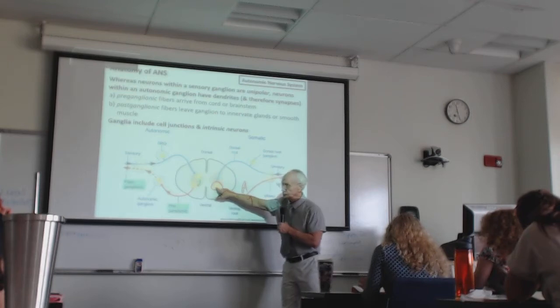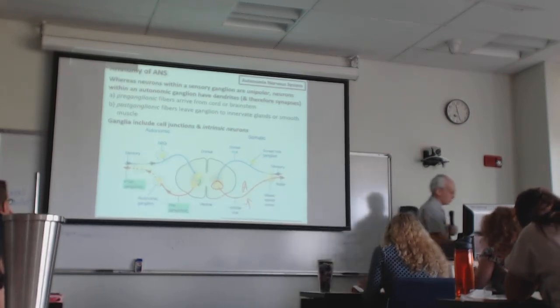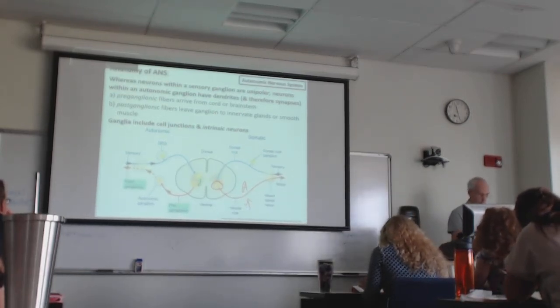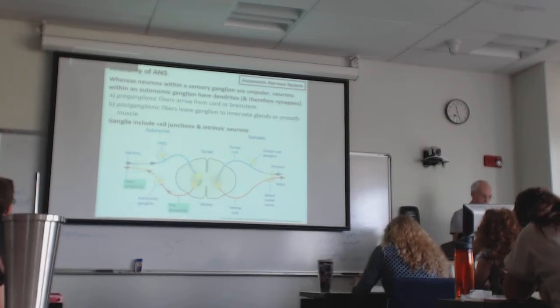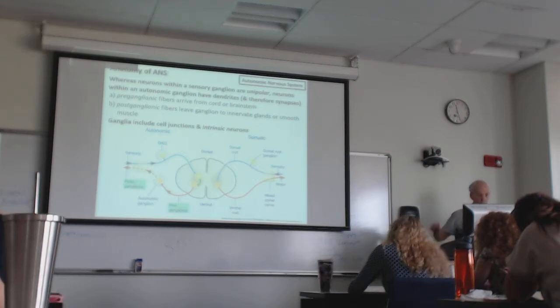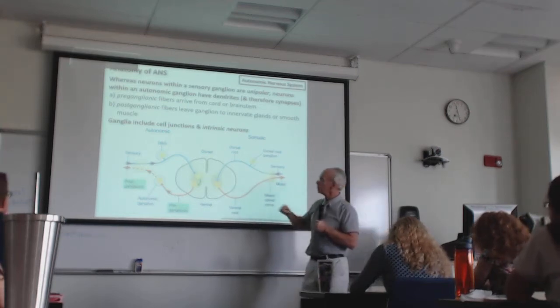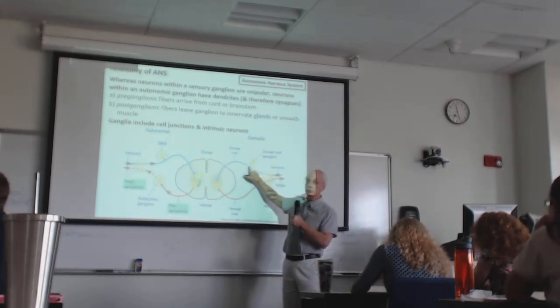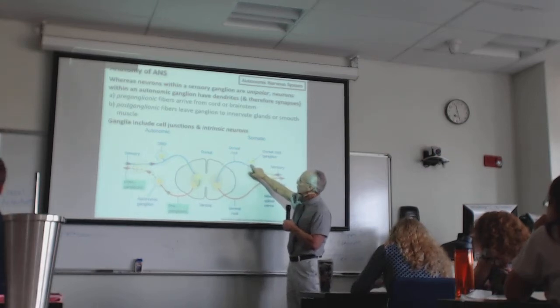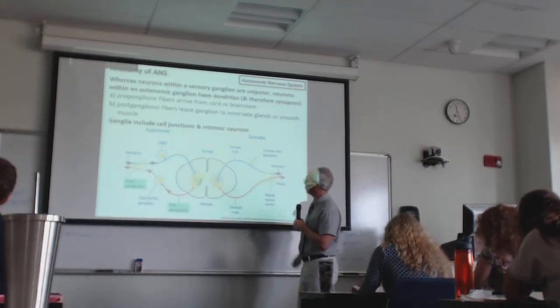You can see the nucleus of the motor neuron in the ventral horn there. This blue one up here, what type of pathway is that? Sensory. And the sensory neuron is characterized by what type of neuron, at least for somatic sensations? Yeah, unipolar or pseudo-unipolar with the neuronal cell body in the dorsal root ganglion.